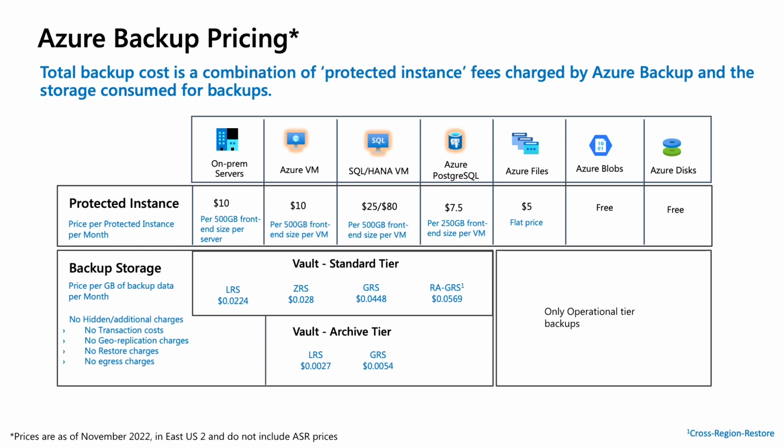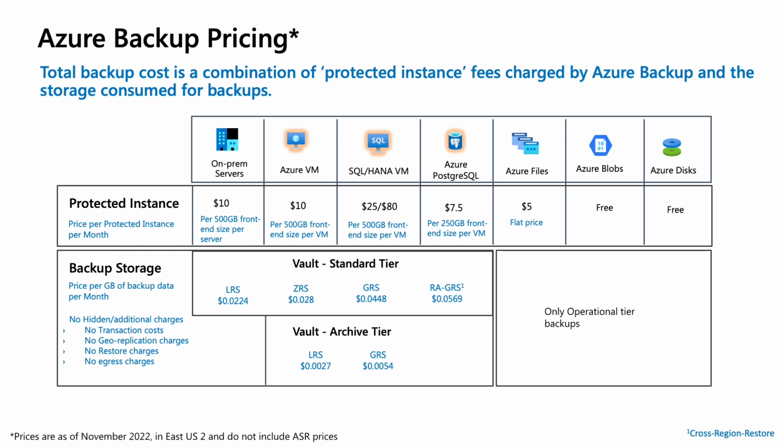Protected instances are applicable to most workloads where we move your data into your vaults. In some cases, like Azure Files, we have only snapshot management. Hence, we have a flat fee. For newer workloads like blobs and disks, we discover and configure and manage operational tier backups for free. You only pay for snapshots that are taken as part of the backups.